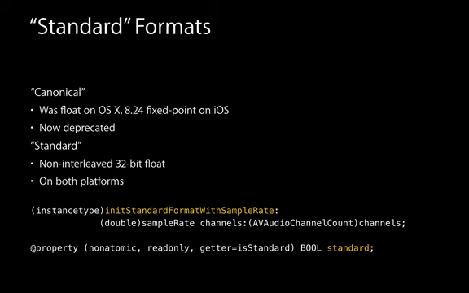So for a while, canonical was 8.24 fixed point. But because of that schism, we want to reunite under something new now. We've deprecated the concept of canonical formats. And now we have what we call a standard format. We're back to non-interleaved 32-bit floats on both platforms.